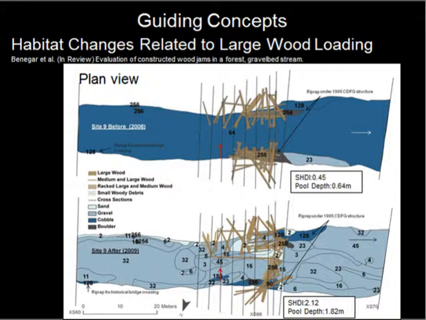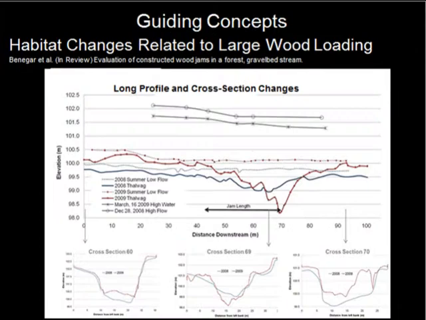And when we get into the vertical changes, this line represents where the thalweg was, and then after the addition of wood, we promote a very deep scour hole with cover in the presence of wood. In the cross-section changes, similar to what Aaron was saying, upstream of the jam we see aggradation in the channel that pushes water up onto the floodplain.